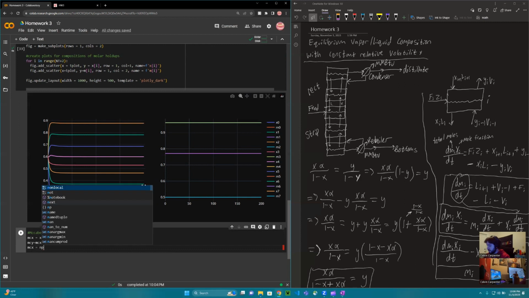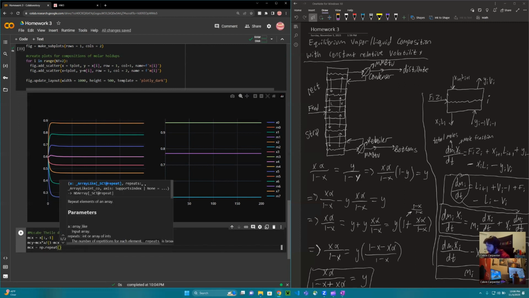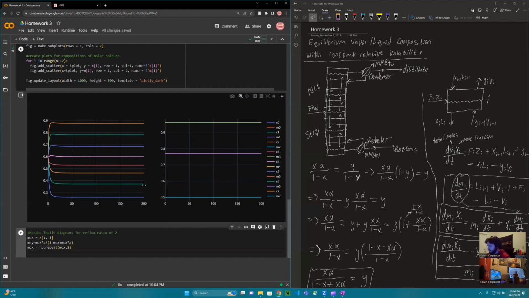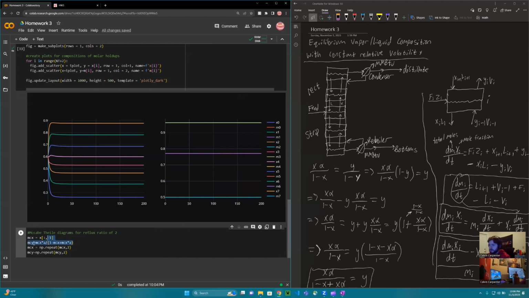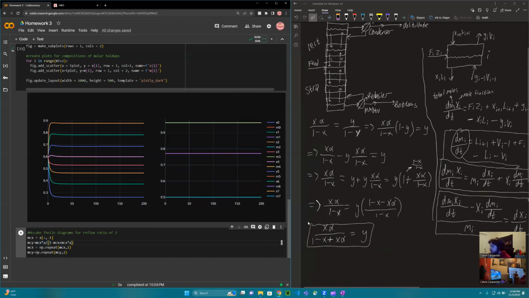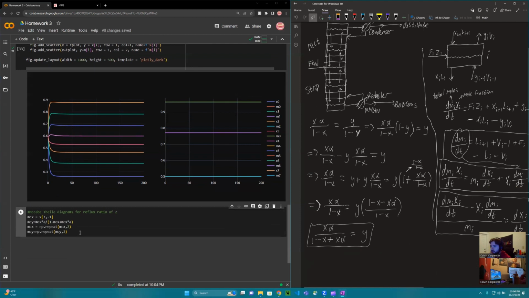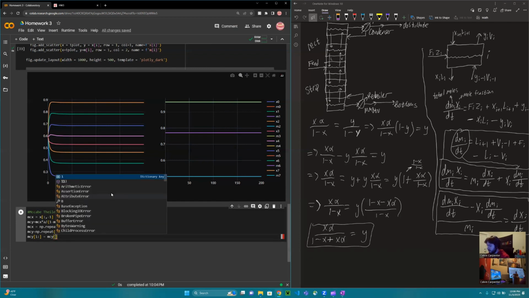MCX equals np.repeat, MCX comma 2, each in parentheses, MCY comma 2. If you pick up on it, this equation here, MCX times alpha over the 1 minus, that's still our equation that we derived here from part A. So moving on, MCY 1 colon close bracket is equal to MCY colon -1.